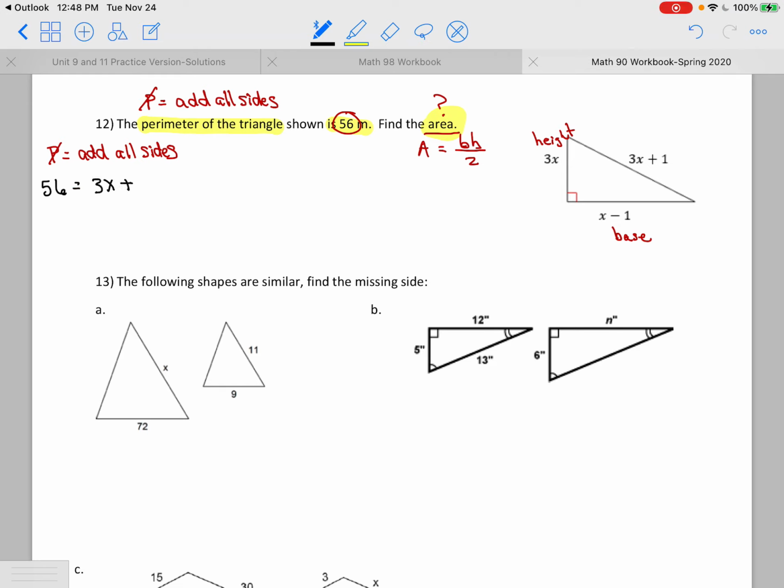I'm going to use some parentheses, even though I don't need to, but I'm just kind of trying to show the different sides that I have, that I've actually included all three of them. So here's the three sides of the triangle. Now, since I'm adding everything together, I can drop those parentheses and start combining my like terms. So I've got 3x plus 3x plus x. That's going to give me 10x. Or no, it's not. It's going to give me 7x. What am I doing?